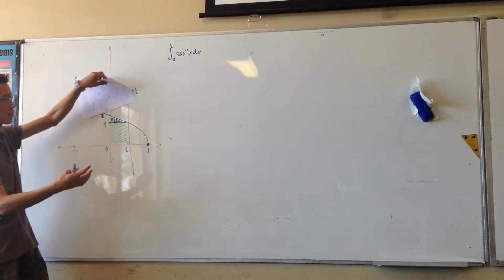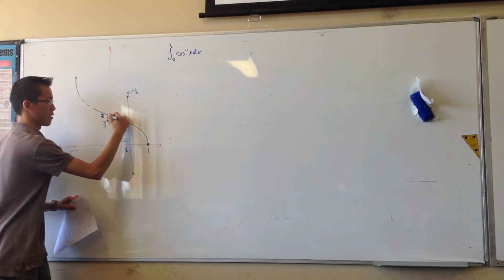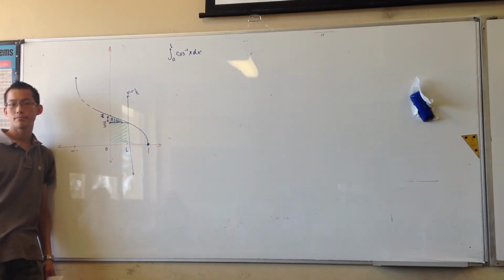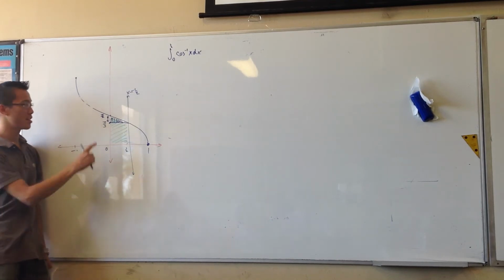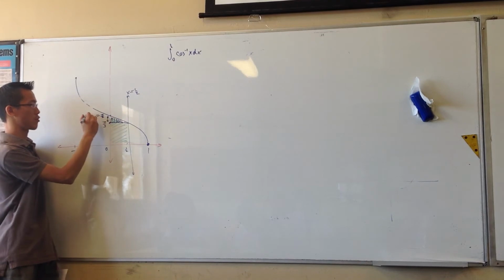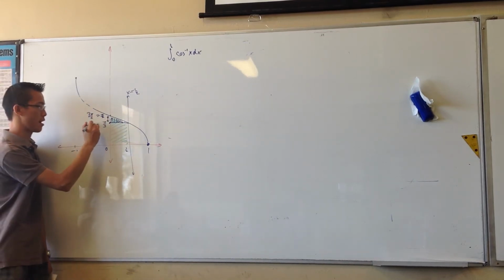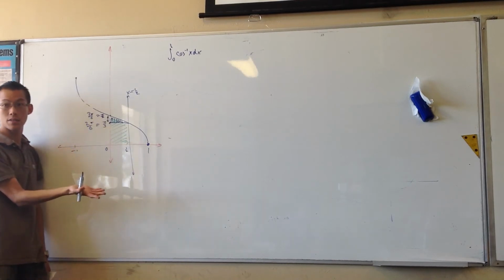I'm just trying to work out how much. So, how much? What's the difference between pi on 2 and pi on 3? It's pi on 6, right? Because pi on 2 is just 3 pi on 6, and pi on 3 is 2 pi on 6. So pi on 6 is the difference.